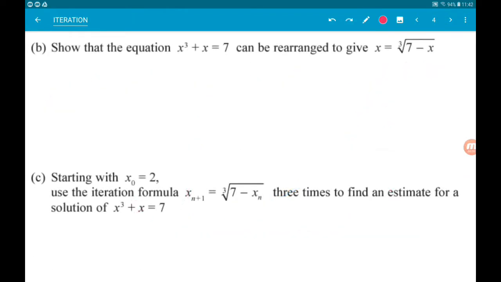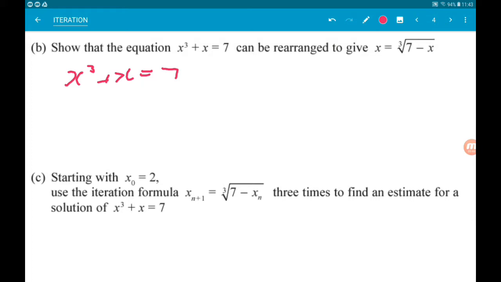Okay, then part B wants us to show that the equation x cubed add x is equal to 7 can be rearranged to give x is equal to the cube root of 7 minus x. So again here we are finding an iteration formula. So notice that we want a 7 minus x. So we are going to go from x cubed add x is equal to 7, we're going to subtract x.